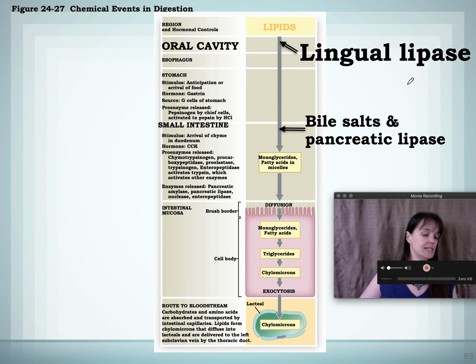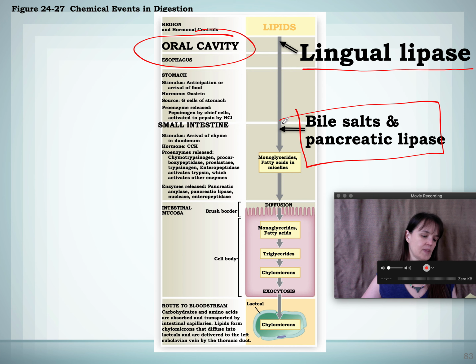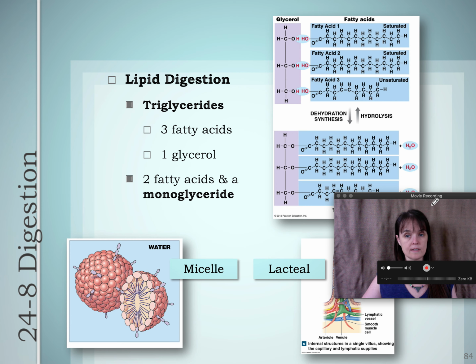All right. Lipid digestion. Lingual lipase from the tongue, in the mouth and stomach, and bile salts and pancreatic lipase in the duodenum. The major dietary lipids are triglycerides.